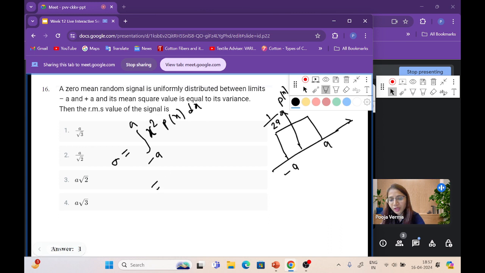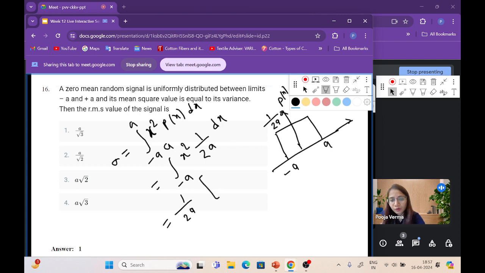Now we need to put all those values in this. So the integral from minus a to a of x square, with p of x having magnitude of 1 upon 2a, into dx. So 1 upon 2a, integrated with respect to x.